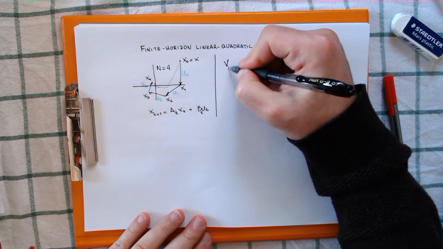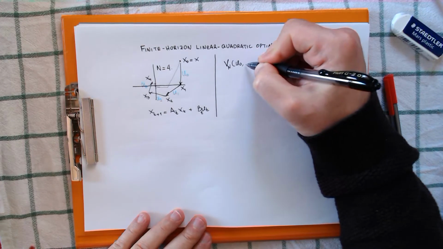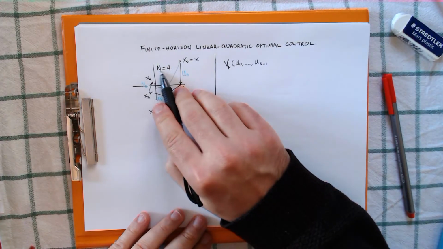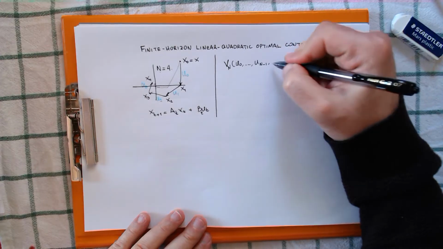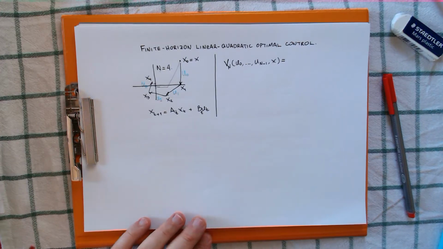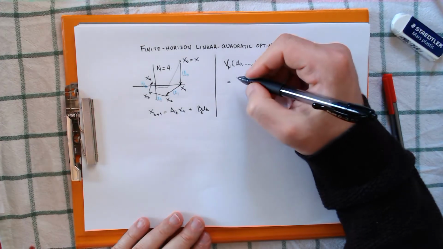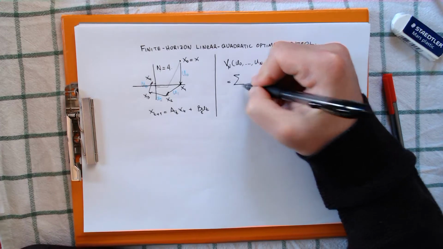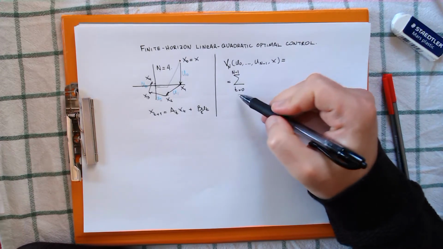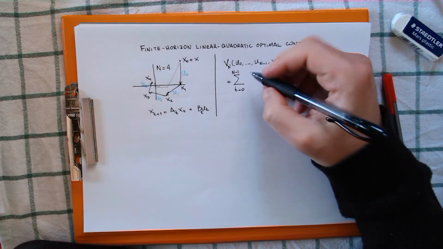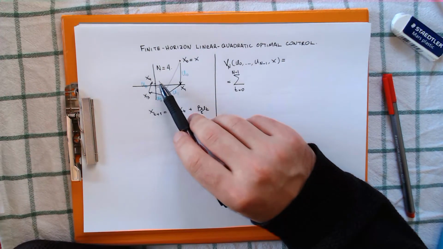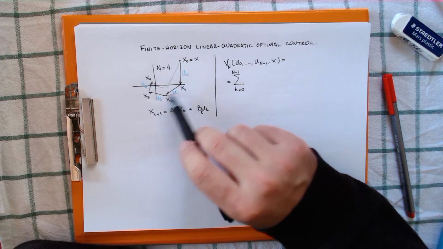The cost function is given by a function of the control actions, u0 up to u_{n-1}. So you see here we have n equals 4, goes up to u3. And of course the cost function depends on the initial state. And one possible way to construct such a cost function is to go through all states, go through all times, from time 0 to n minus 1, and penalize the distance of the state at that time t from the origin, but also the distance of u_t from the origin.